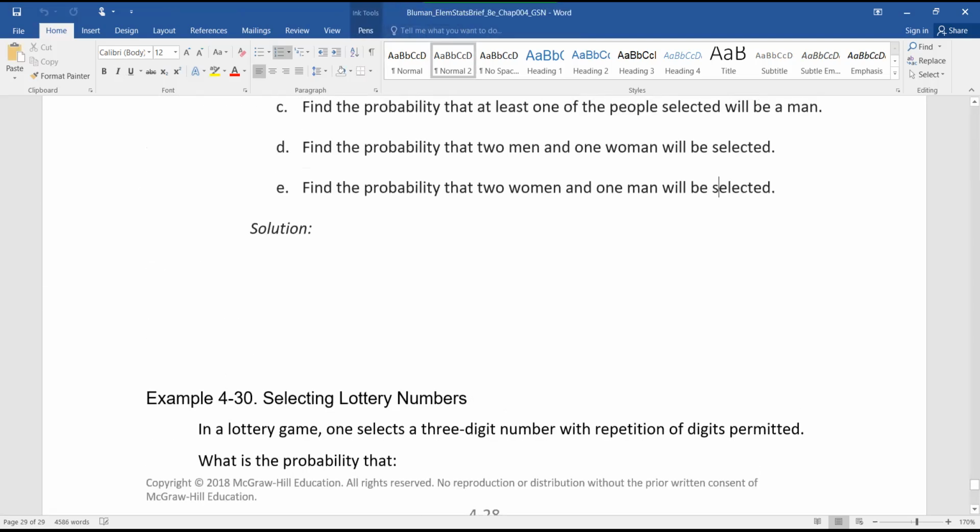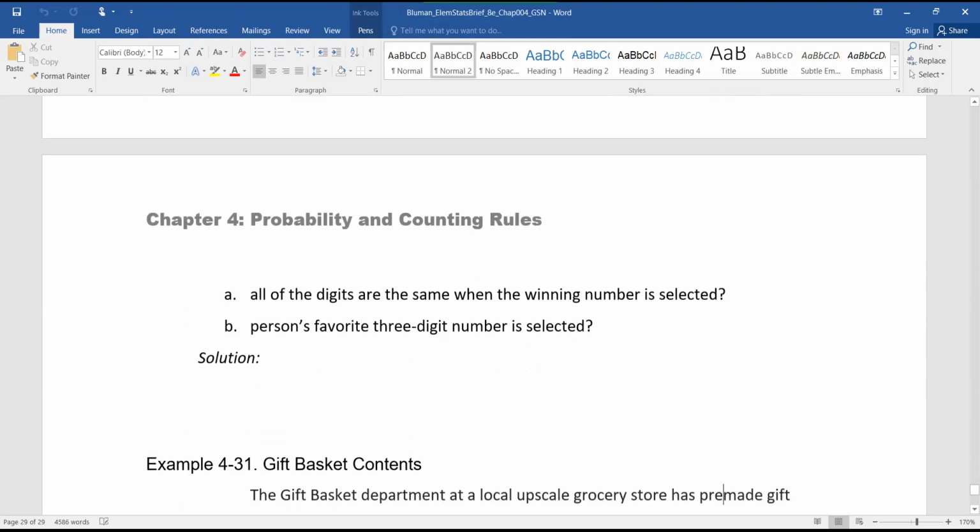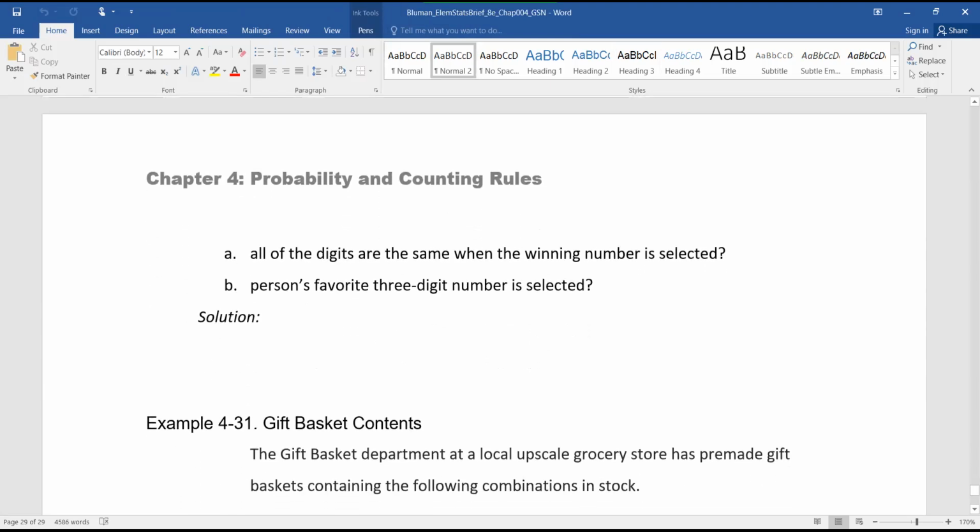All right, so we need to find out the total amount of options we have. It says one selects a 3-digit number with repetition of digits. So how many digits are there? 10. Very good.